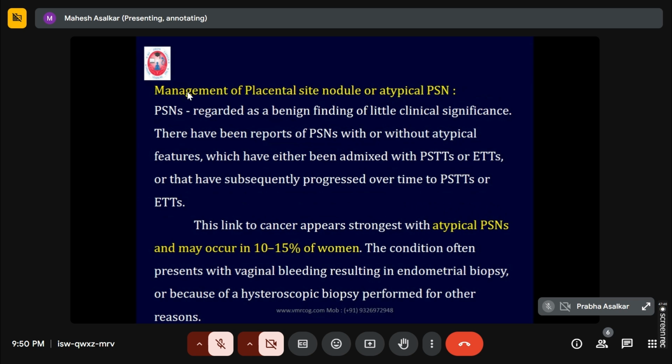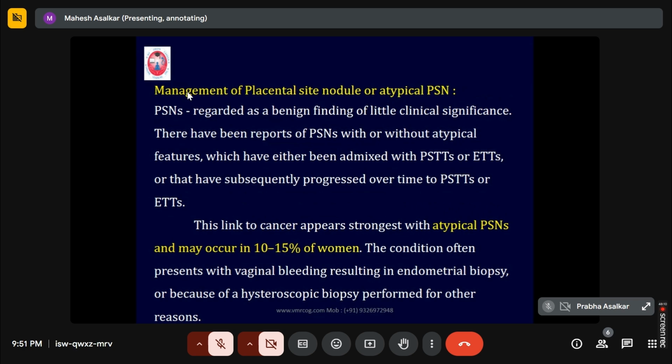So see, PSN is there, but these PSN, especially when they are atypical PSN, they can progress to PSTT and ETT. And the chance is around 10 to 15% of patients. Okay, the commonest presentation is vaginal bleeding, and these patients may be taken for endometrial biopsy and they will bleed heavily. Is that clear?